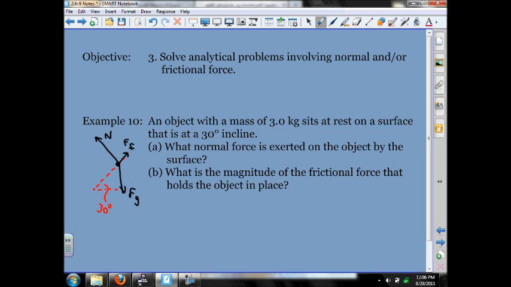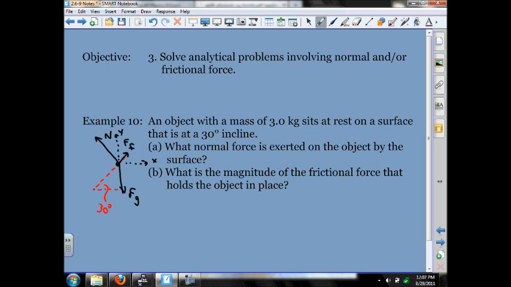All right, we're going to split our forces into X and Y components. If I do it like normal and call this direction X and this direction Y, would gravity be all in the X and all in the Y, or have components in both? Just talk about gravity right now.